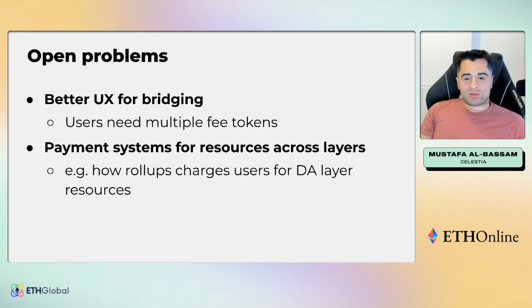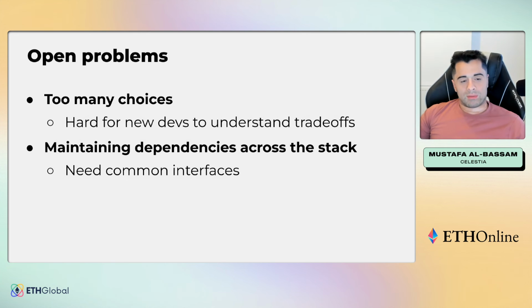Then payment systems for resources across layers. So if a rollup has its own gas token, and it also needs the gas token for the layer, there needs to be better billing for that to make it more seamless for people deploying rollups. There's also a lot of choices, so we need to make those choices easier to understand for developers. And maintaining the dependencies across the stack is also a challenge.